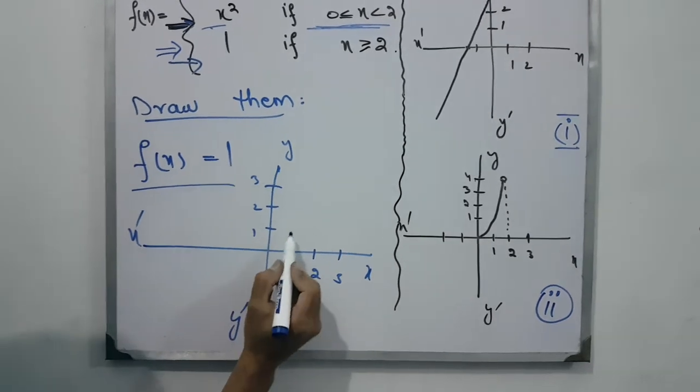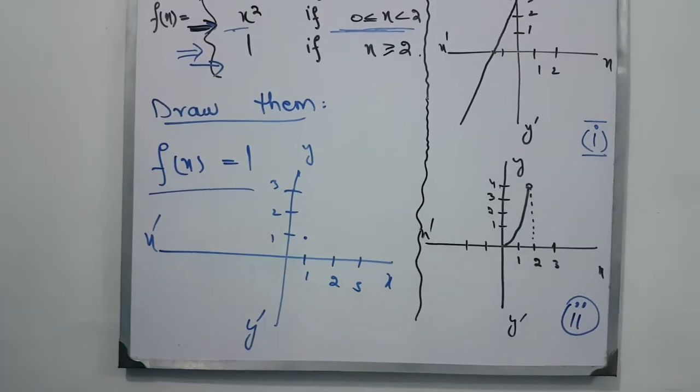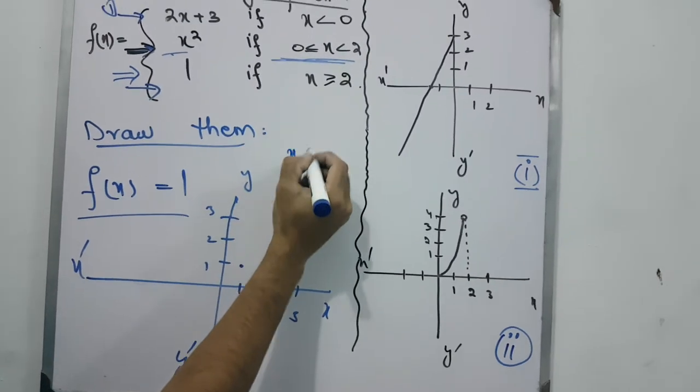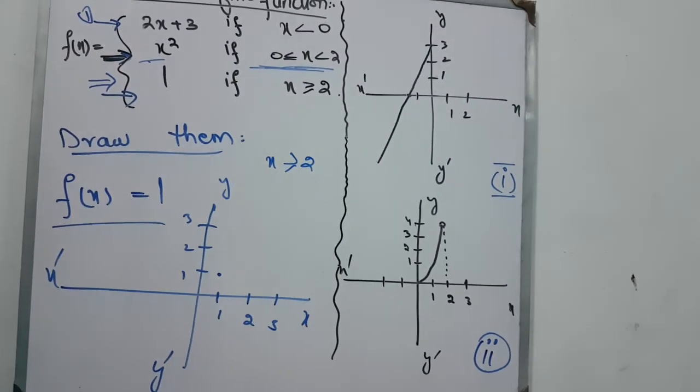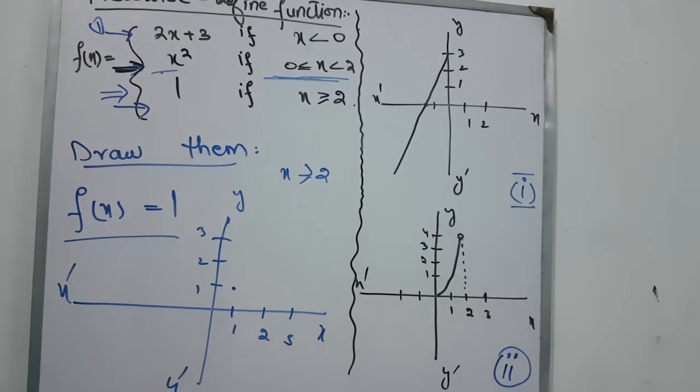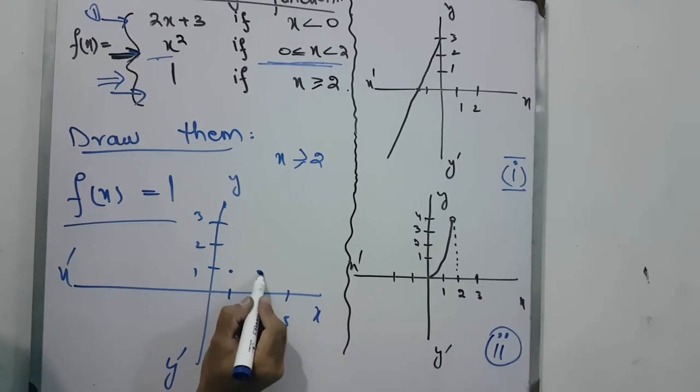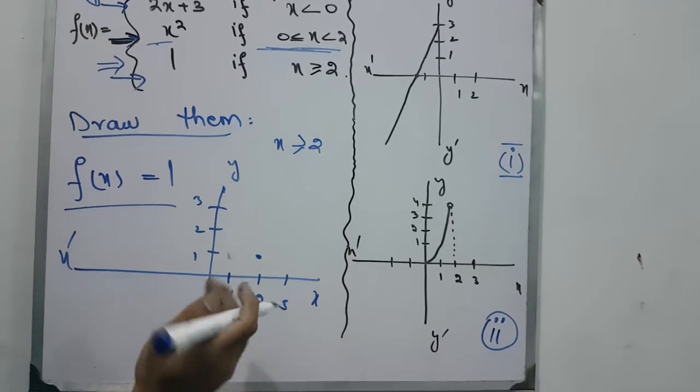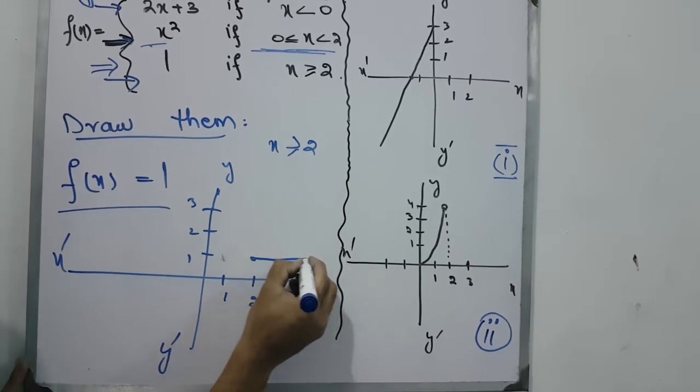The condition is x is greater than or equal to 2, so our graph starts from x equals 2 and y equals 1 like this.